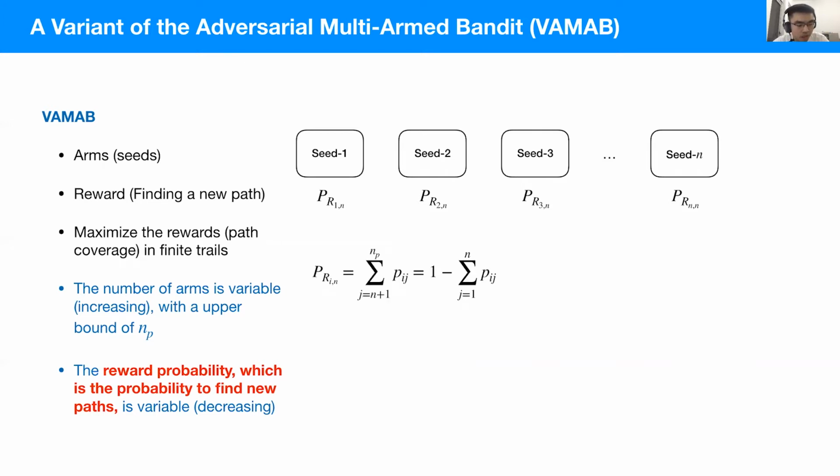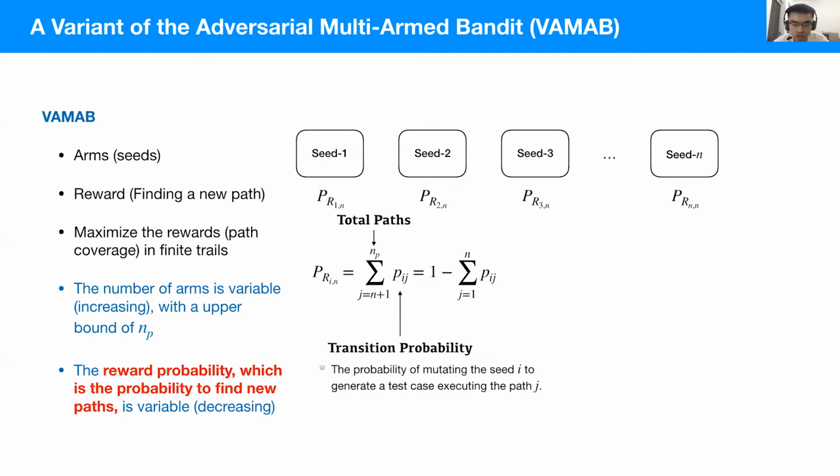This is the formula of it. NP stands for the number of total paths, and P_ij is the transition probability, which is introduced in the Markov chain. From this, we can deduce that the reward probability is decreasing to zero as the number of seeds increases, which is called probability attenuation.